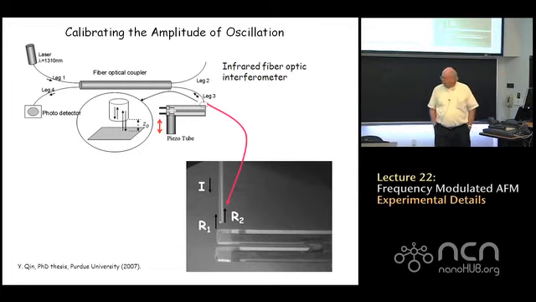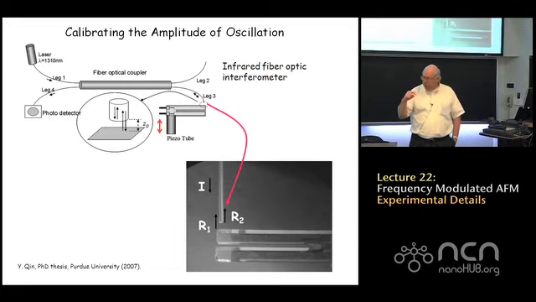It's a fair question to ask, how do you calibrate the amplitude of the tuning fork tine as a function of the applied voltage? You can measure the current that flows through the tuning fork as a function of the applied voltage. And you can do that at different frequencies, but how do you actually measure the amplitude in nanometers that the tuning fork oscillates at?